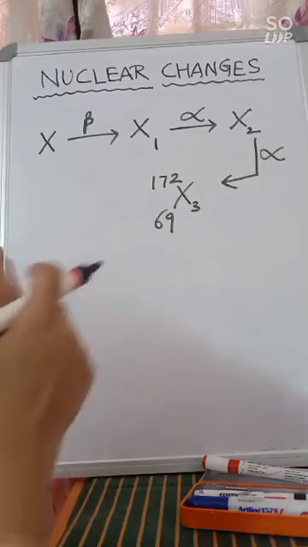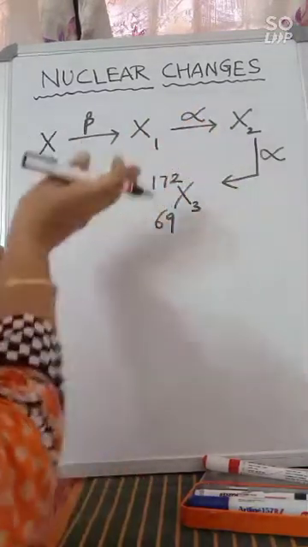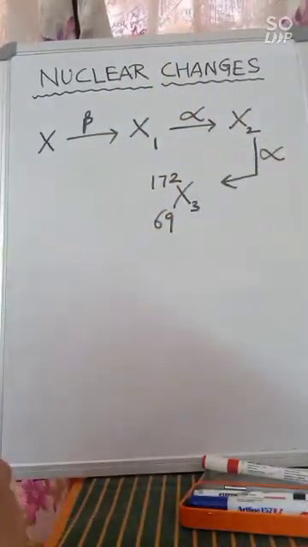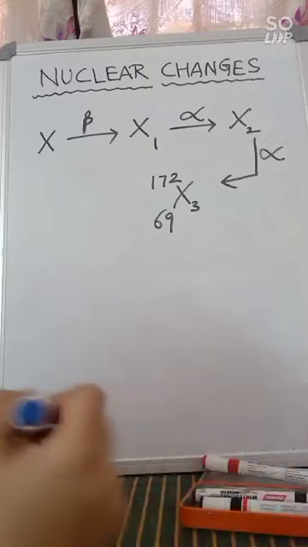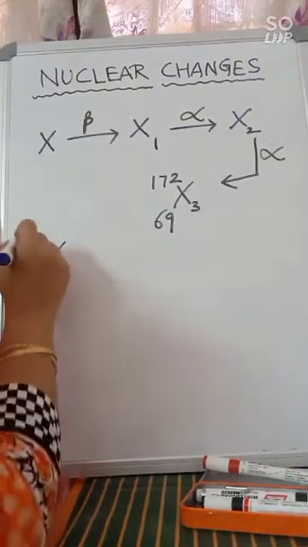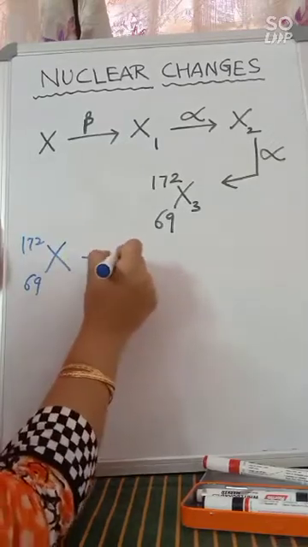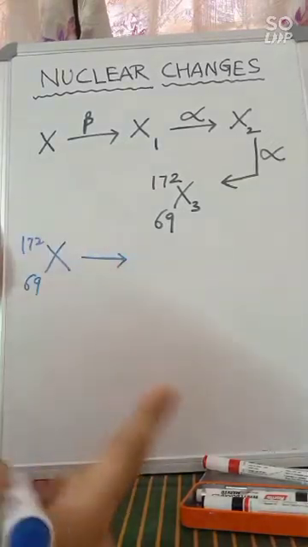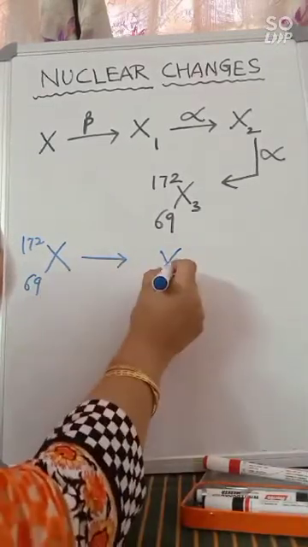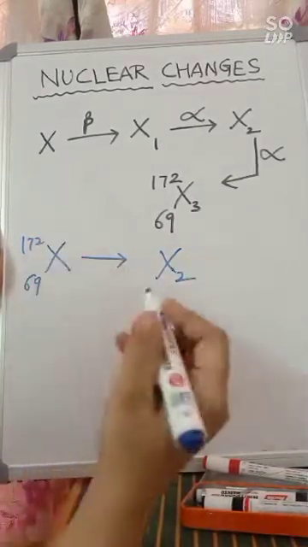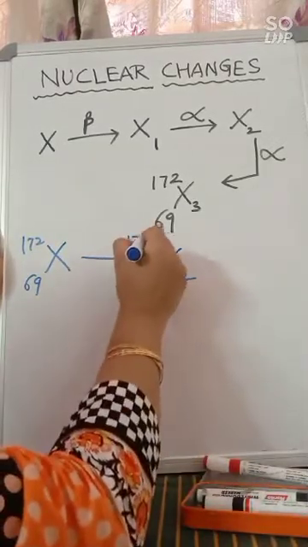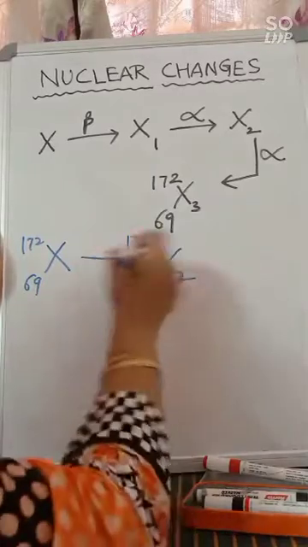The only thing is, now instead of the arrow moving this way, we are going to find out like this. So I'll be now writing all the things in opposite way, and the arrow is going to be opposite. So it is 69, 172. Now if alpha emission would not have happened, then the atomic number would not have reduced by 2 and mass number would not have reduced by 4, right?